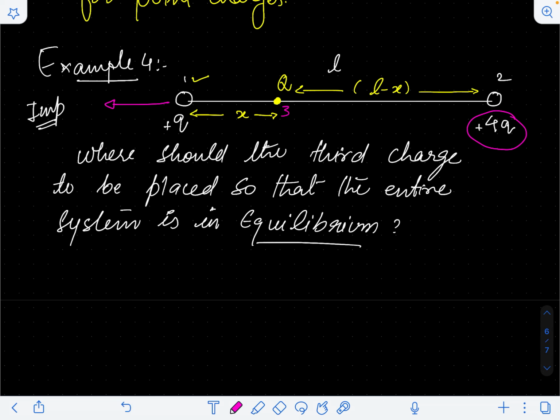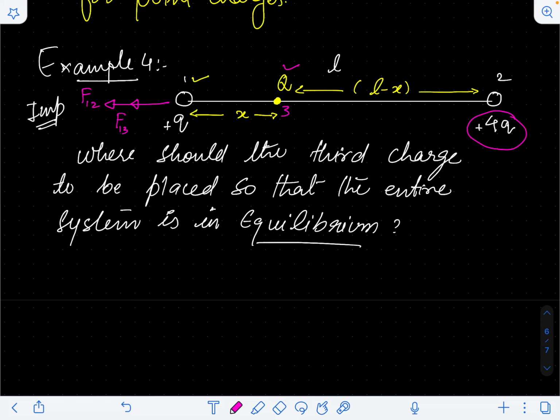So this force, on 1 due to 2, is in this direction towards left, and again the force due to the capital Q charge must be repulsive if it is positive, so this is the force on 1 due to the third. As both the forces act towards left, the net force on the first charge cannot be 0. So this charge is not in equilibrium.